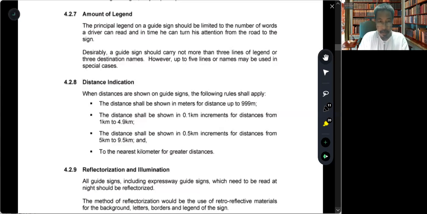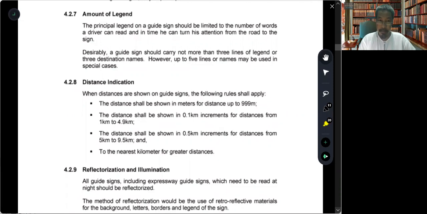And lastly, to the nearest kilometer for greater distances, meaning for 10 kilometers and above, we are going to use 1 kilometer. Meaning we have to round up to the nearest kilometer.